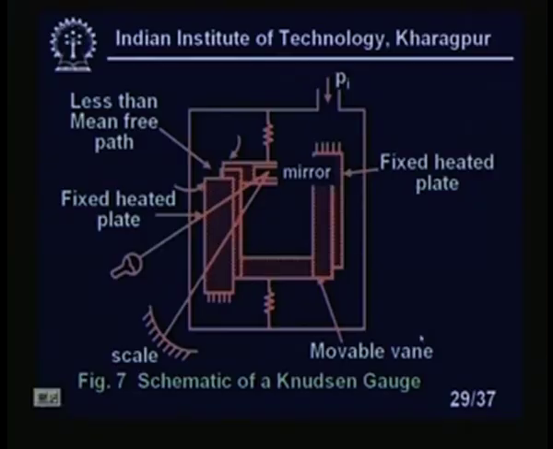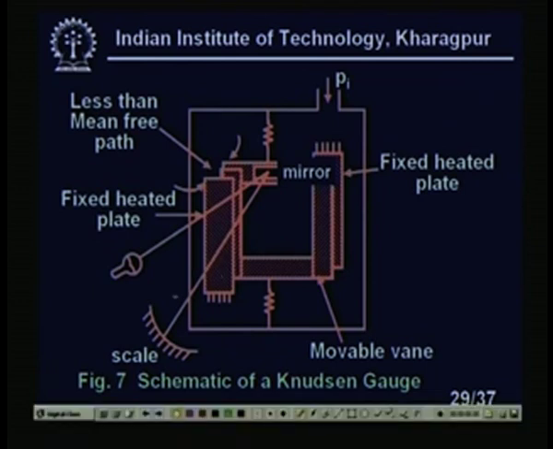You see, these are the diagrams of the Knudsen gauge. There is a gas chamber here. The gas which we are measuring, Pi, is going inside. There are two fixed plates, you see this is one fixed plate and this is the other fixed plate. In between the two fixed plates we have a movable plate, and a mirror is installed here.